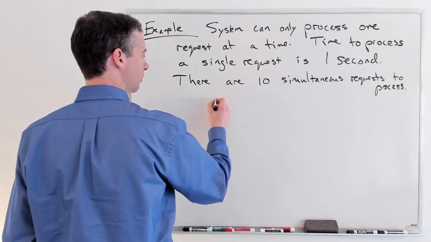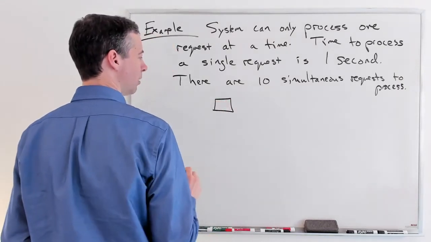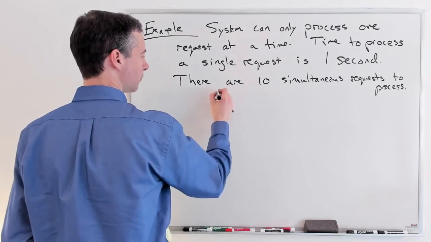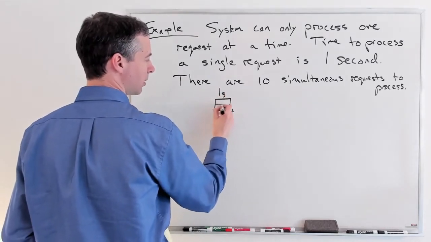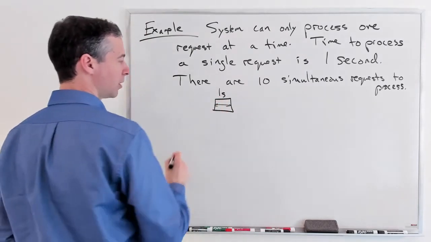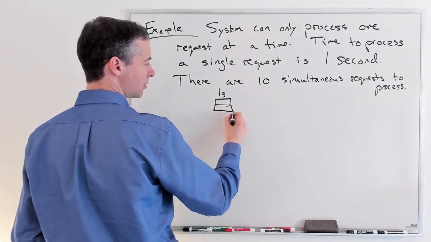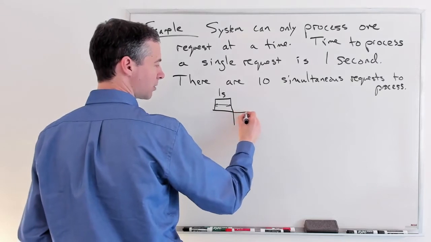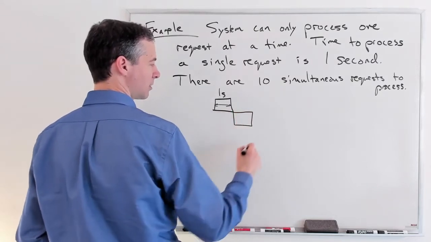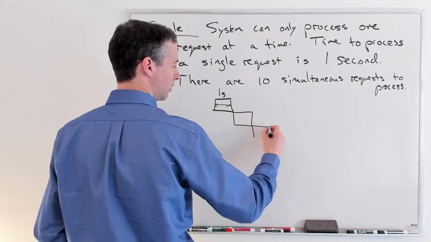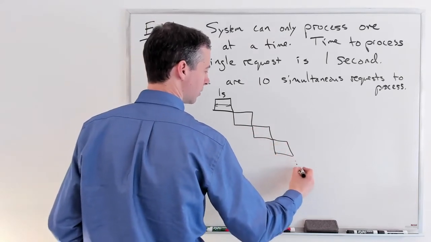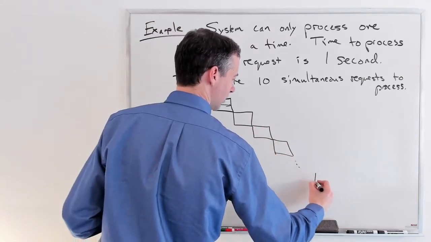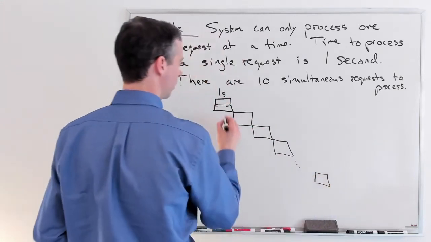So we get a request in, and this thing from start to finish takes 1 second, where let's say our time is represented this way. And then to make it easy to see, we'll just draw out the next request on another line. It takes a second. And the next one takes another second. Another one takes another second, and so forth on down to our last request.